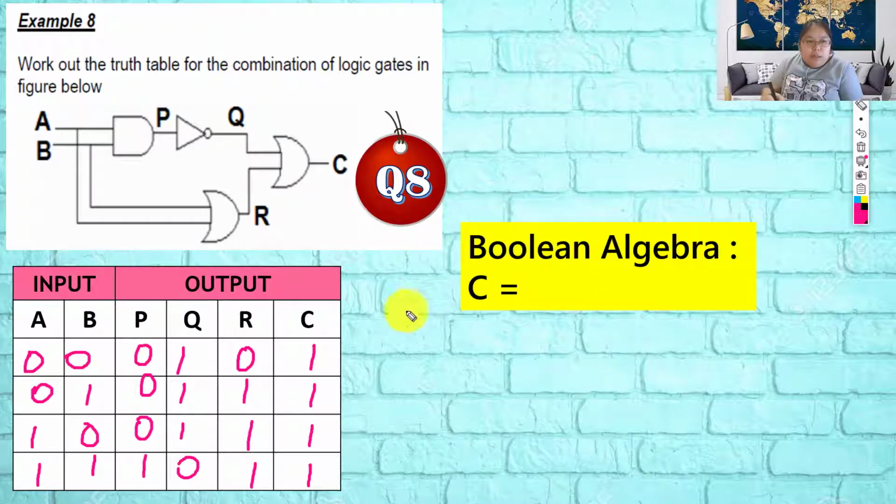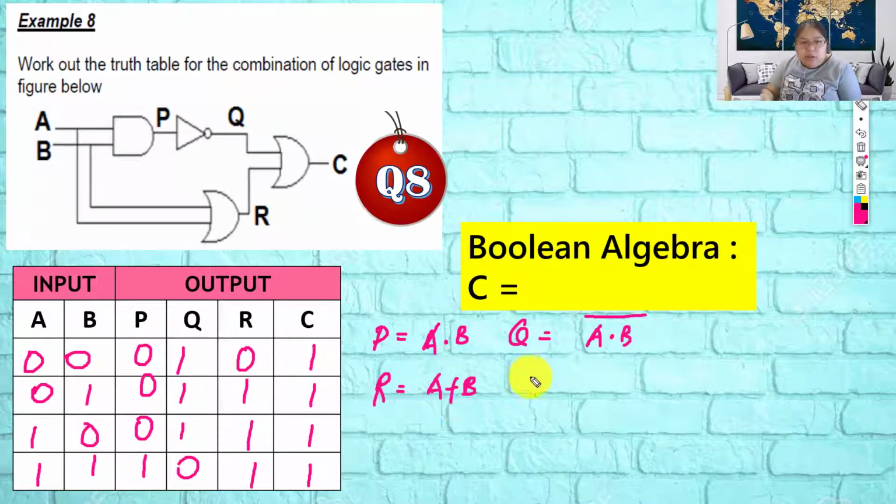Okay, Boolean, then we need to write the P equal A dot B. Q equal, I can straightforward A dot B, you put a bar. Okay, R. R equal A plus B. Okay, so your C actually is a Q plus R. Okay, now I want to join back.